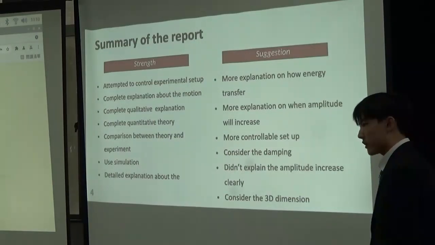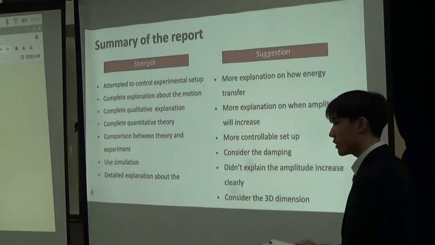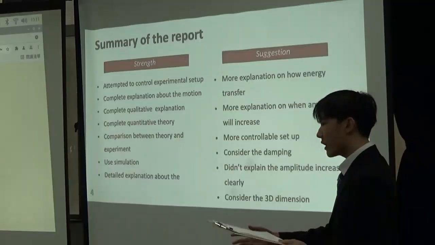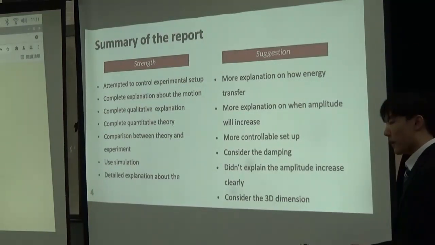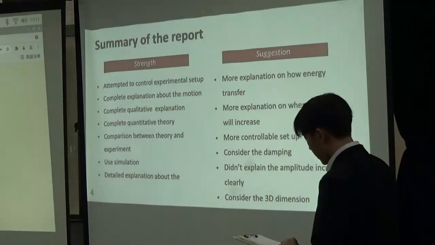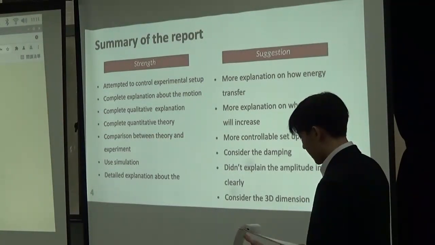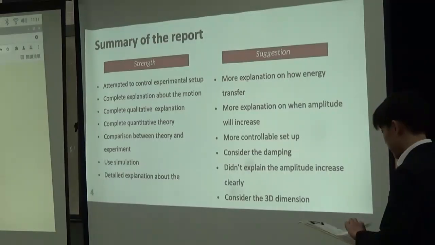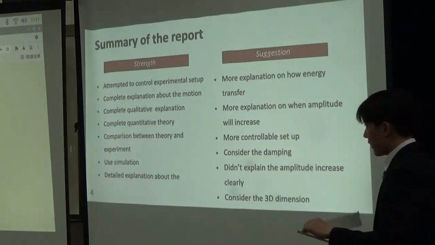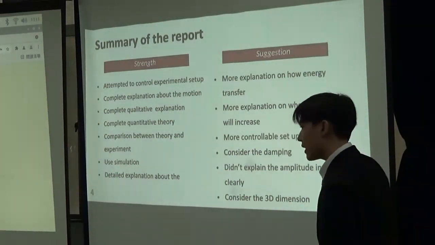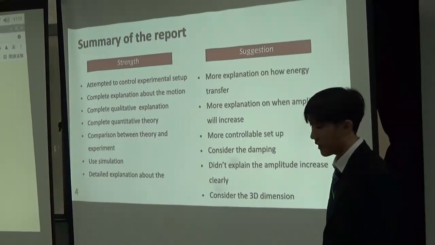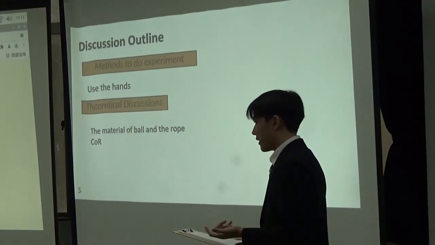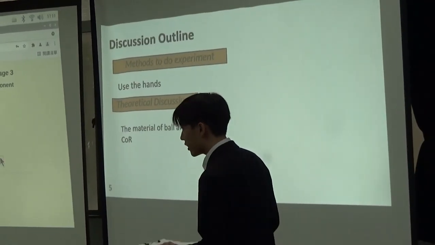However, when they did try to measure the coefficient of restitution, they could add more explanation about how they managed to measure it, and also the value they measured seemed to be very high, which I think we will discuss later. And finally, they only discussed the lateral in a 2D scenario, which we might also discuss later, and that's all. Okay, so next I would like to invite the reporter.